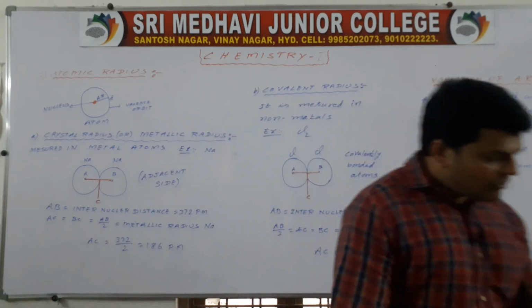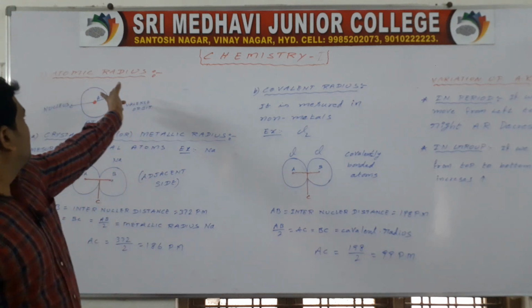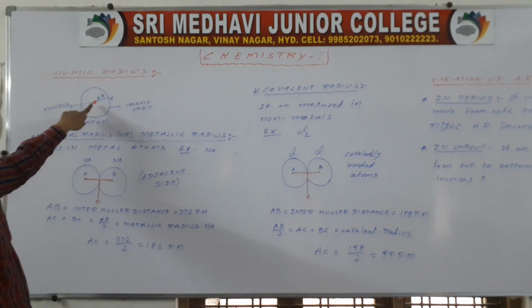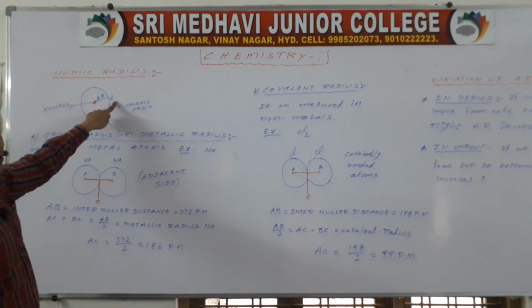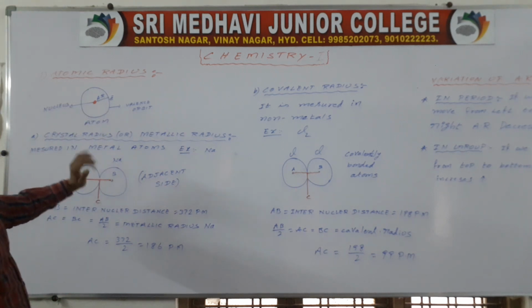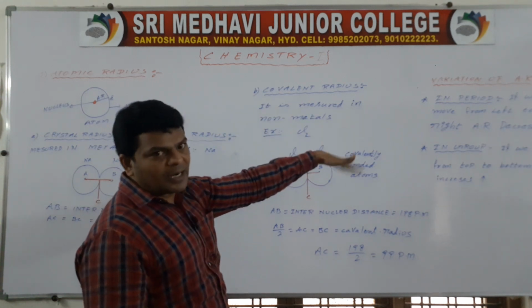Here we discussed atomic radius, the distance between the nucleus and the outermost electron. Atomic radius has many types: crystal radius, in metal atoms, and covalent radius, in non-metal atoms.